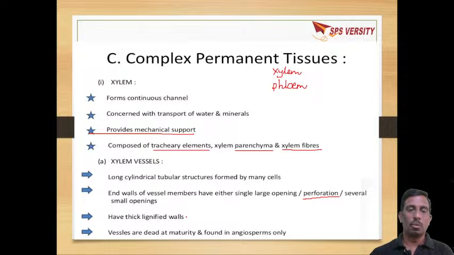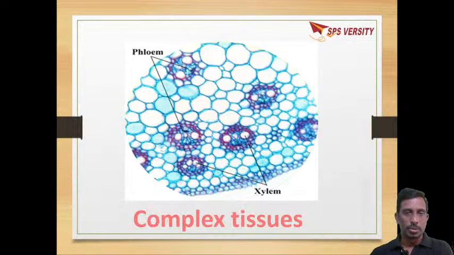Its cell wall is deposited with lignin. Vessels are dead at maturity. They are found only in angiosperms. They are not present in gymnosperms.